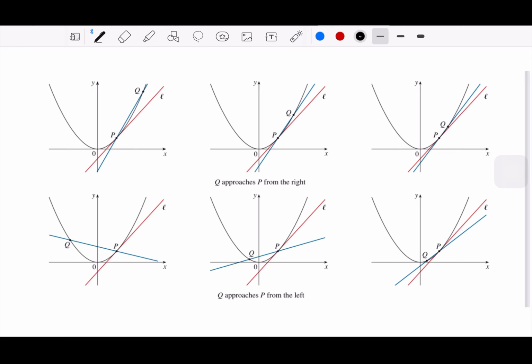The point Q we approach from the right, and the second case is we are approaching from the left. Actually, it's approaching from the far left, below 0. So from here, the secant line is changing, it's changing, and then it's getting closer to P. Okay, and this is also changing from the far right, going to P, closer and closer.